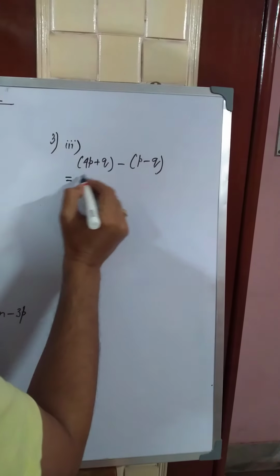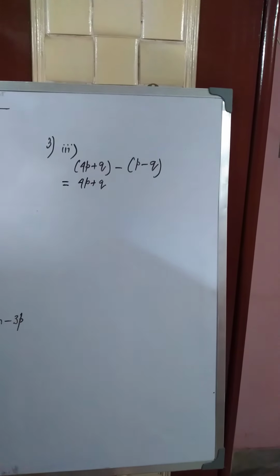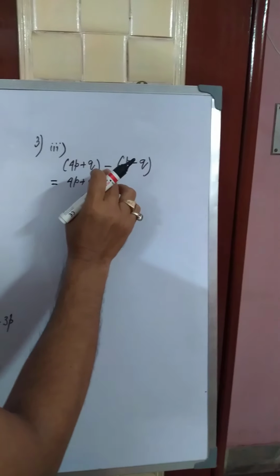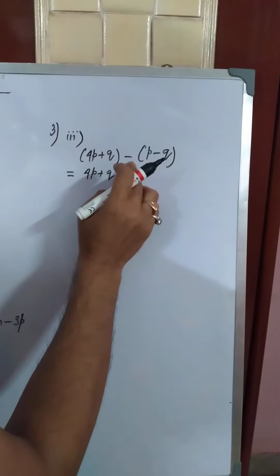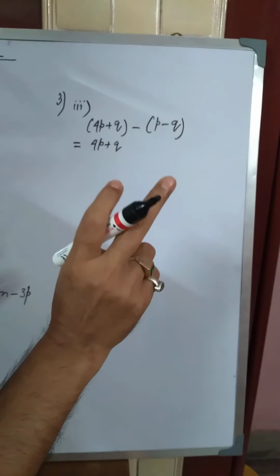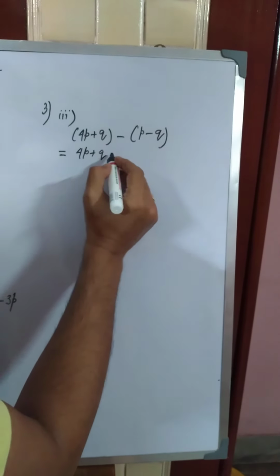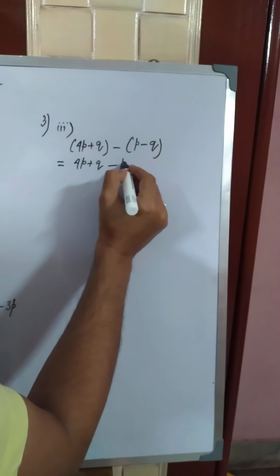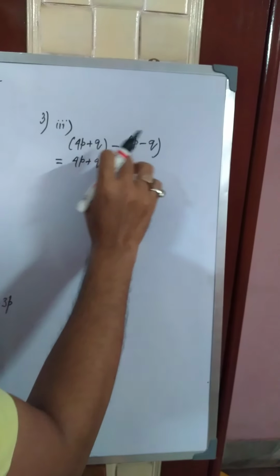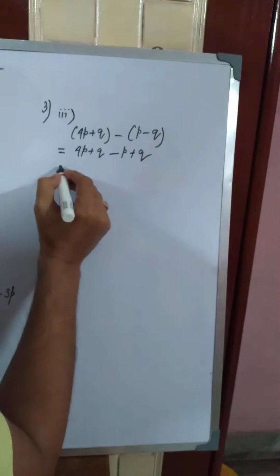Now remove the bracket: 4p plus q. Now whenever you remove the bracket, think that just before the bracket a negative sign is there. So before p no sign is there, that means that is a plus sign, plus p. So plus and minus, the result is minus. And here minus and minus q. So minus and minus gives the plus sign, plus q.